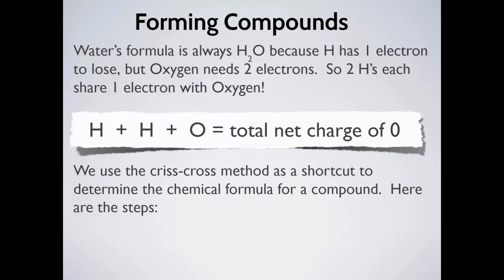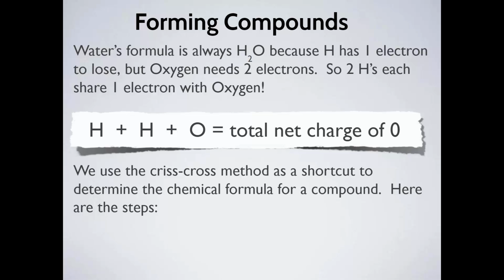Yeah, what do we call them? The valence electrons, the electrons in the outer shell. We write the oxidation number based on how many electrons it's missing to get to 8, or how many extra electrons it has that it would like to get rid of so that it has a full outer shell.